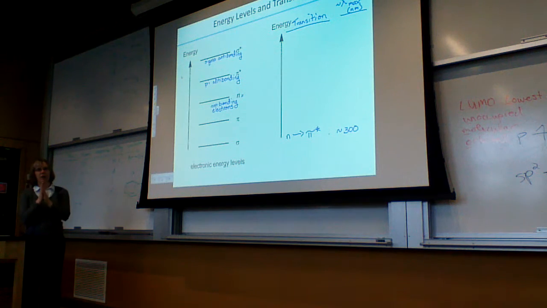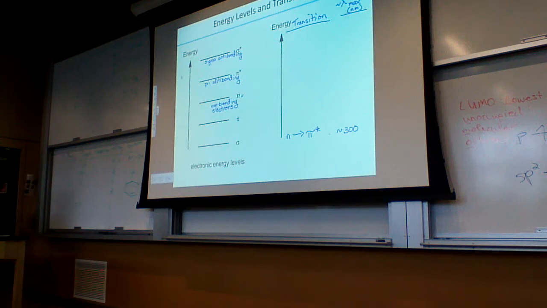So our energy for the higher numbers is going to be lower than the energy for the lower numbers when we're talking about lambda max. So this would be the excitation from N here to pi star. So that first, and you can see those are the closest together in energy out of all of them. Of course, they're all equally spaced, but that's the one that is typically closest in energy.